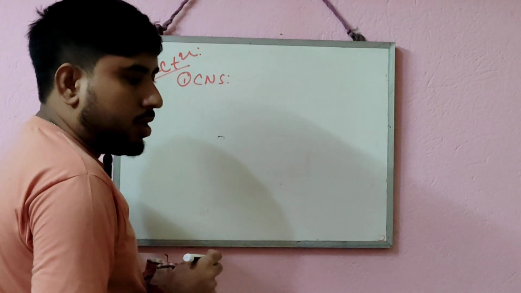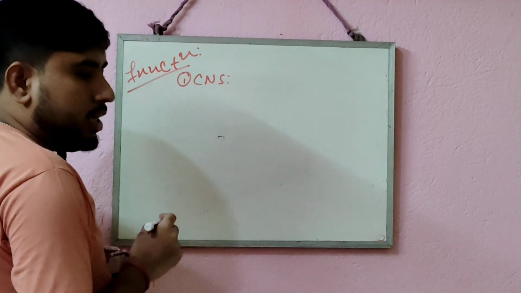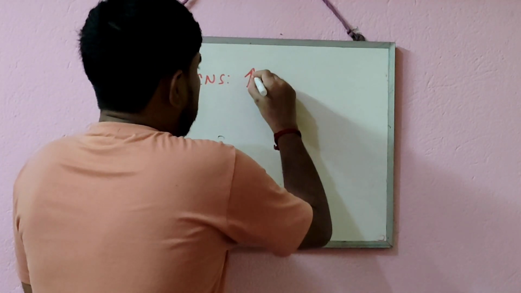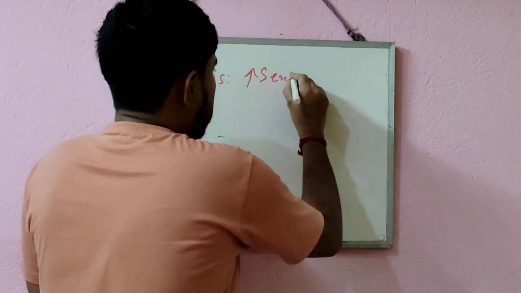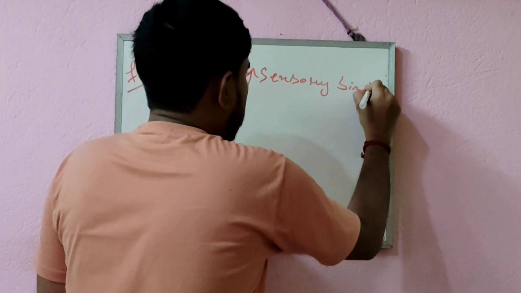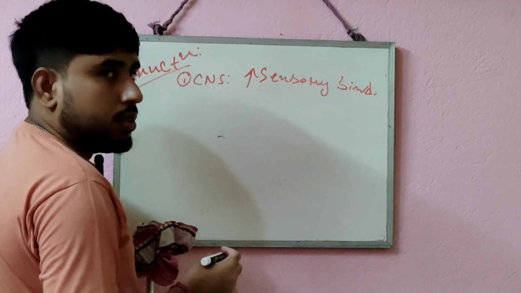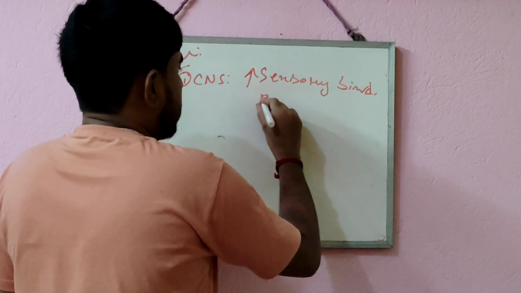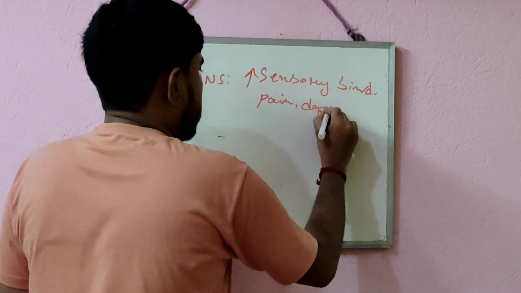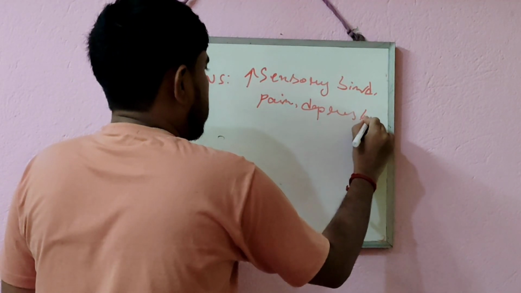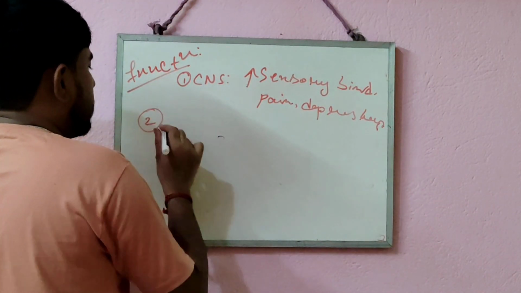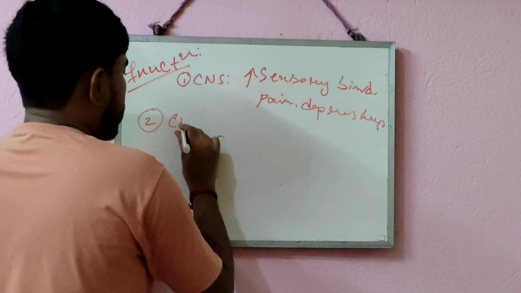In the central nervous system, histamine generally increases sensory binding, and that increases different emotional sensations like pain, depression, happiness, etc. What is its function in the cardiovascular system?